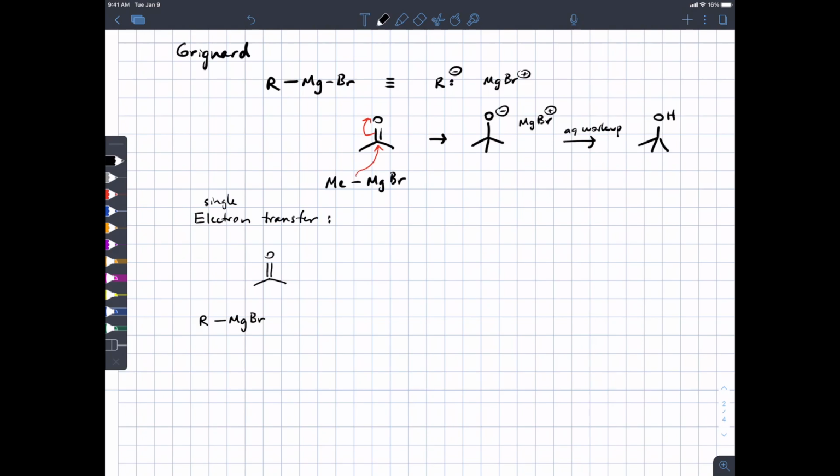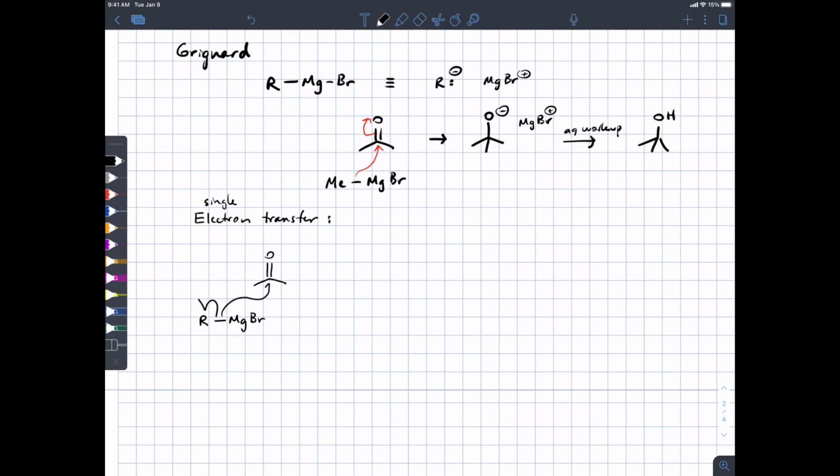This would involve an electron from, and I'm not sure how to draw this arrow. This is how your text does it. I don't necessarily like it, but it is what it is. We're not going to make a new bond between magnesium and this carbon, but rather one of the electrons in this carbon-magnesium bond is going to be transferred into the pi star of the ketone.